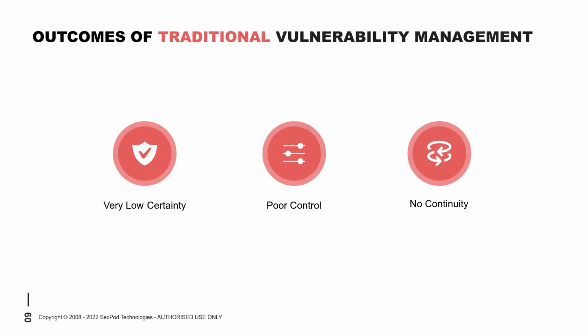So without that, what we are left with is very low certainty because we don't know if we have found or discovered all the vulnerabilities that are out there, from misconfigurations to security control deviations to asset exposure, etc. Second, we don't have that sense of control that we want to have because we have discovered a number of problems, but we have not actually mitigated those problems, and it is a time-consuming process.